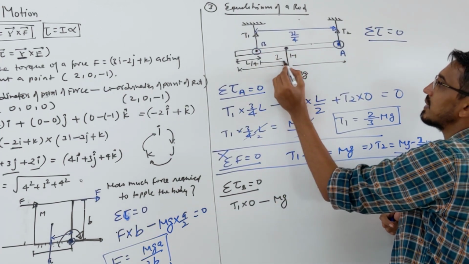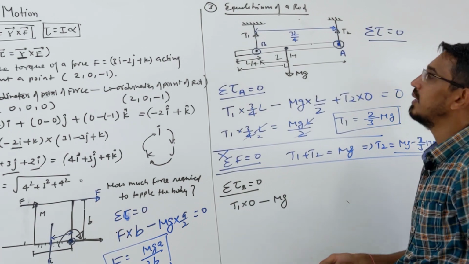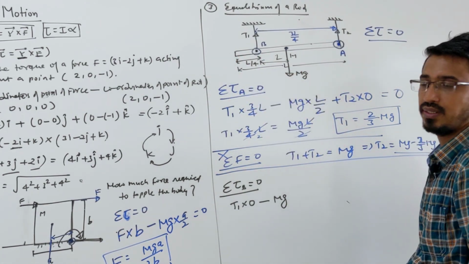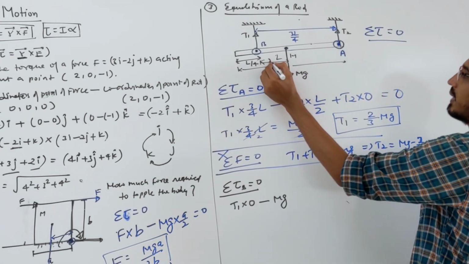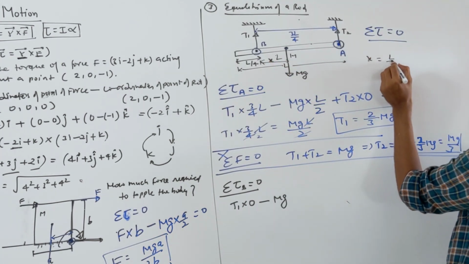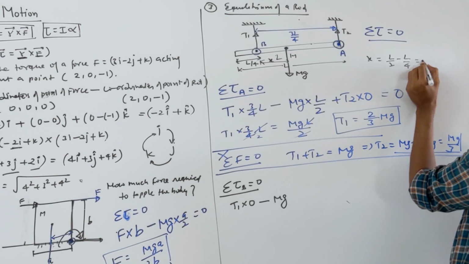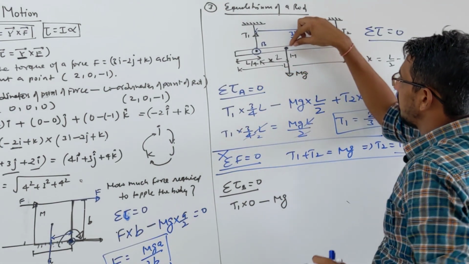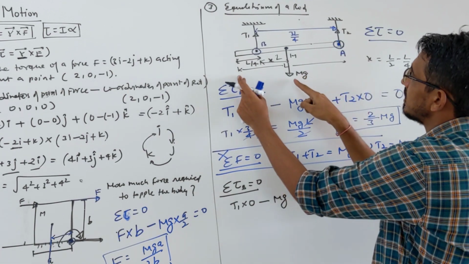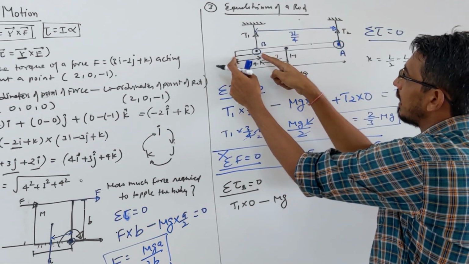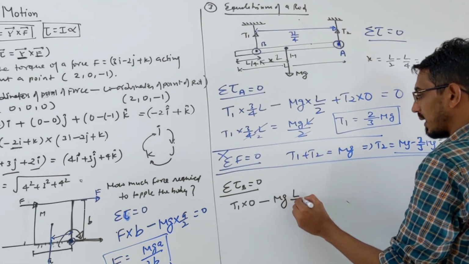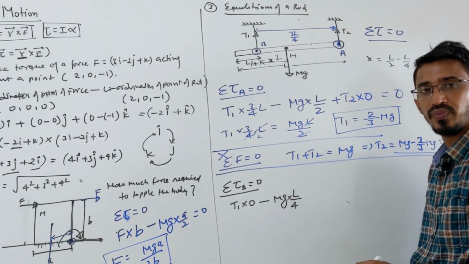We have to calculate it. It is L/2 minus L/4, which means L/4. This mg is acting through the middle point, so that distance is L/2, and L/4 is given, so the distance also becomes L/4. So mg into L/4 is the torque due to your weight.